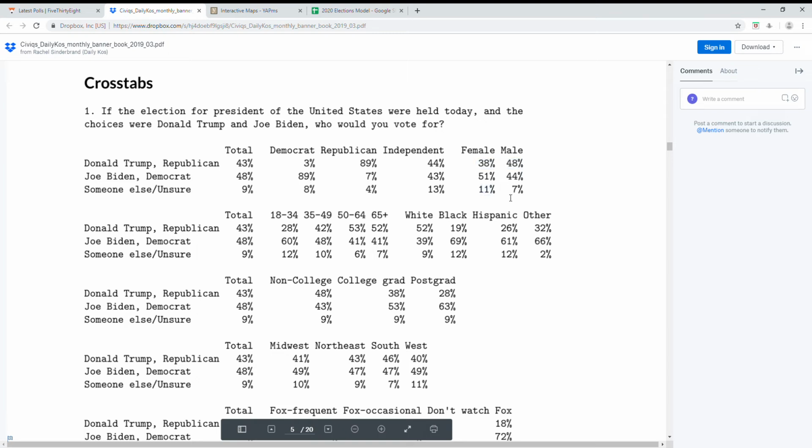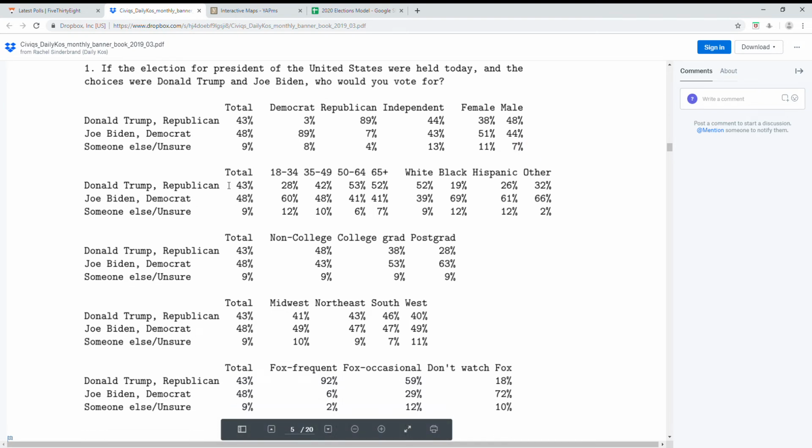More women are undecided regarding Biden than men. Of course, Biden does much better among younger voters. However, middle-aged voters tend to be a better demographic for Trump, and older voters really like Trump. Younger voters, again, obviously favor Biden. White voters tend to favor Trump, and that's to be expected.